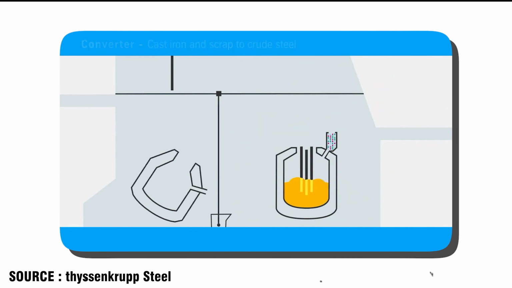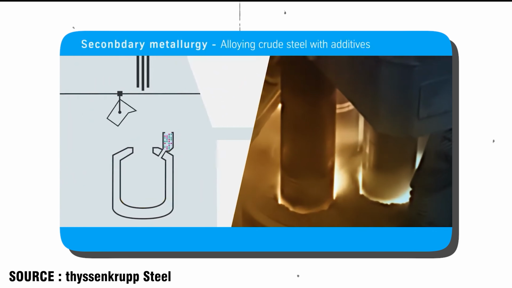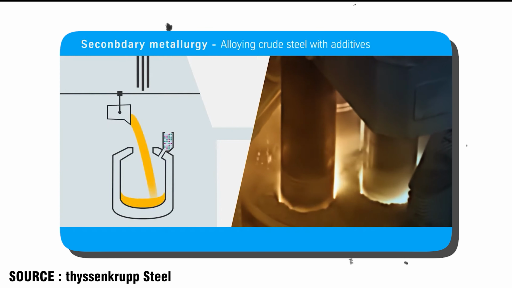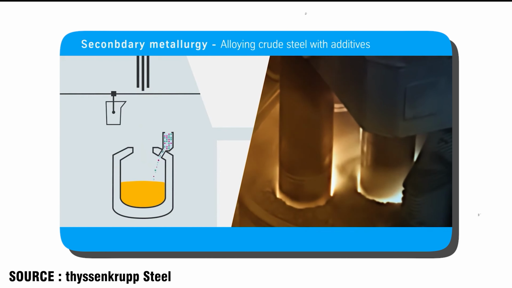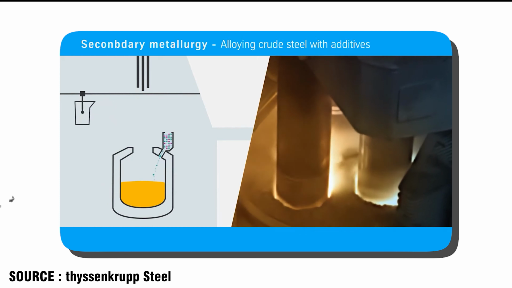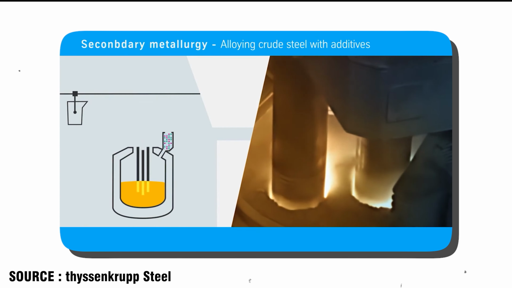Not all steel is the same. Secondary metallurgy allows the chemical composition of the molten steel to be controlled with great precision. The steel is boiled with small amounts of chromium, molybdenum, or other additives to form an alloy. This process is used to produce some 2,500 different grades of steel.